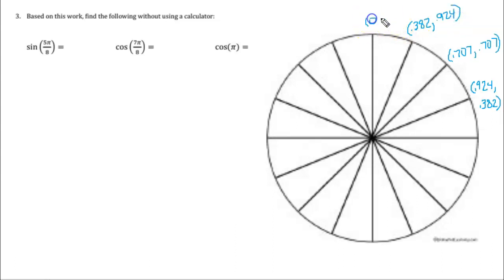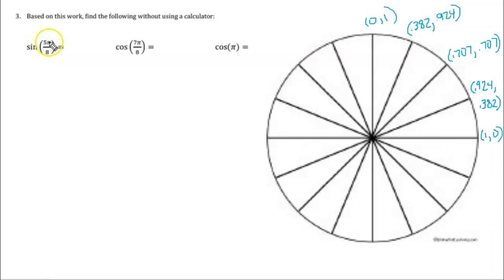And we knew this point was (0, 1), and this point is (1, 0). So now we want to use that information. We're not going to use a calculator, but we want to use this information to help us find these values.